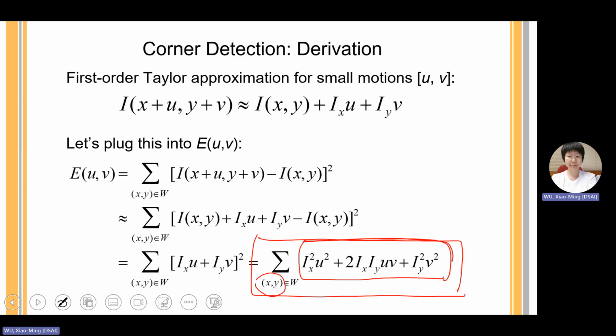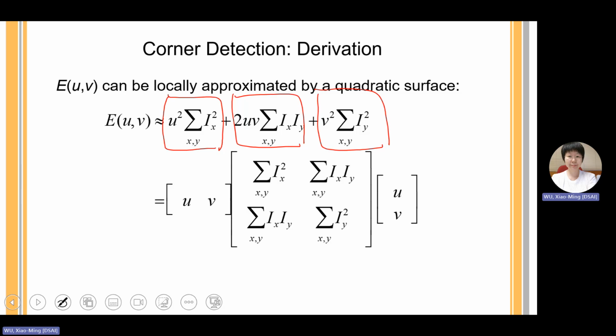Like we said, we can compute this term for every pixel within the window and then sum them up, aggregate them together. Or we can do it equivalently. We can compute the three terms individually.